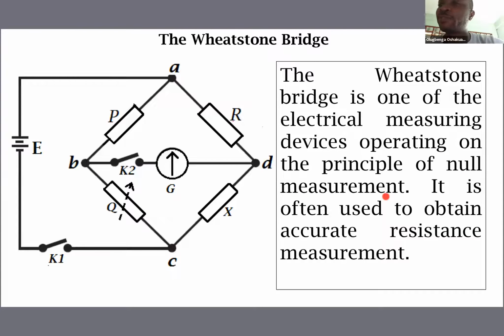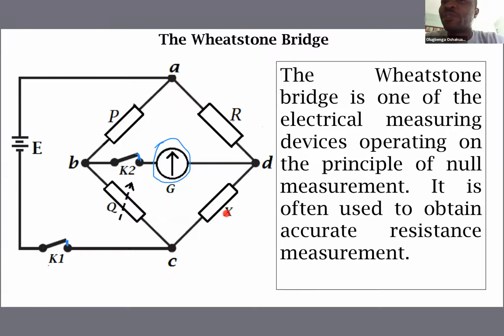I adjust until the galvanometer stands upright, to indicate that there is no current flow between B and D, that the potential at B is equal to the potential at D. In that case, we'll be able to read the value of resistor Q. And from the knowledge of resistor Q, we'll be able to determine the unknown resistor X.